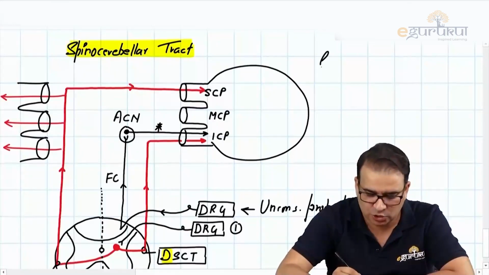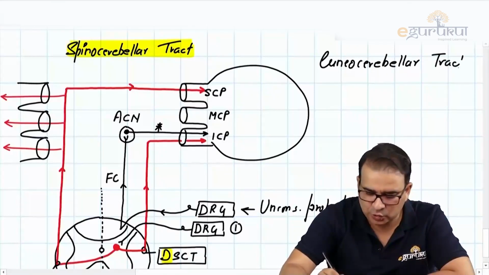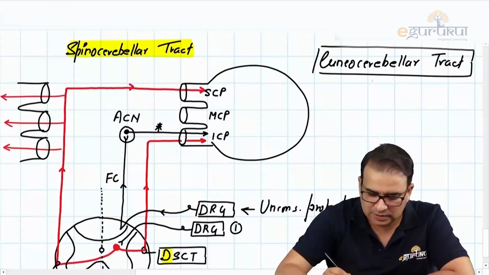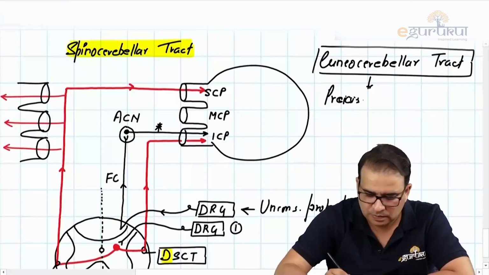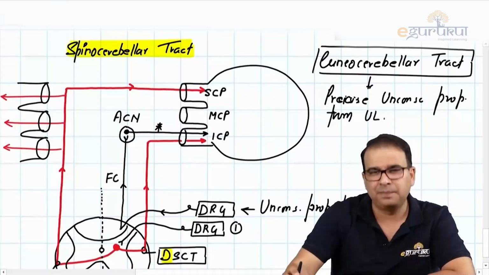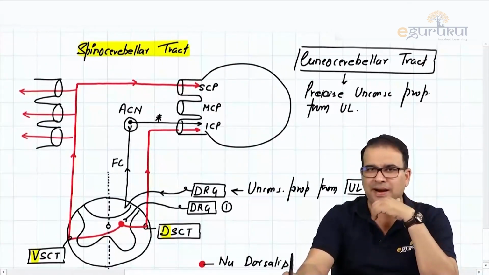This tract is called the cuneo-cerebellar tract. And this cuneo-cerebellar tract was carrying the precise unconscious proprioception from upper limb. This is called the cuneo-cerebellar tract.